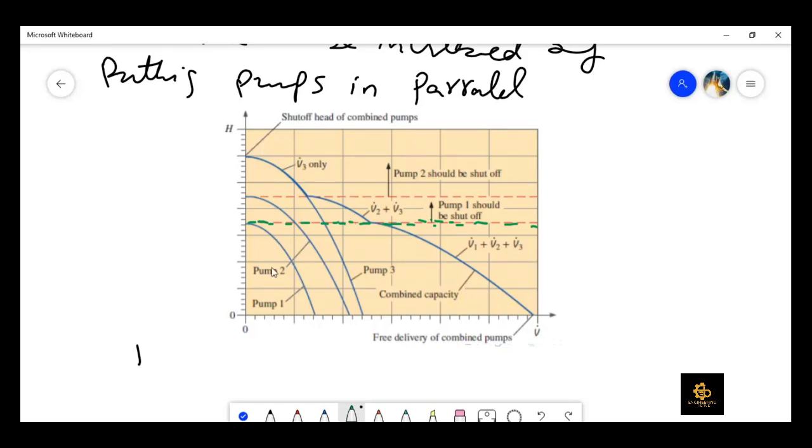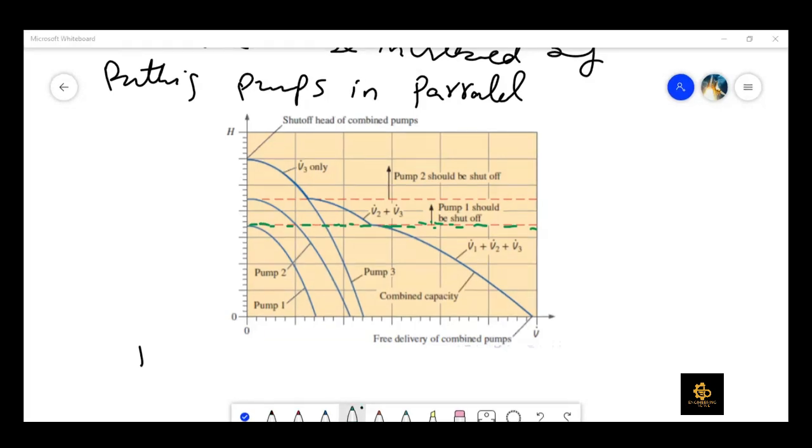Extending that discussion, usually we use pumps having similar capacities or sizes. Let me show you that picture as well, of a practical situation, pumps in parallel.